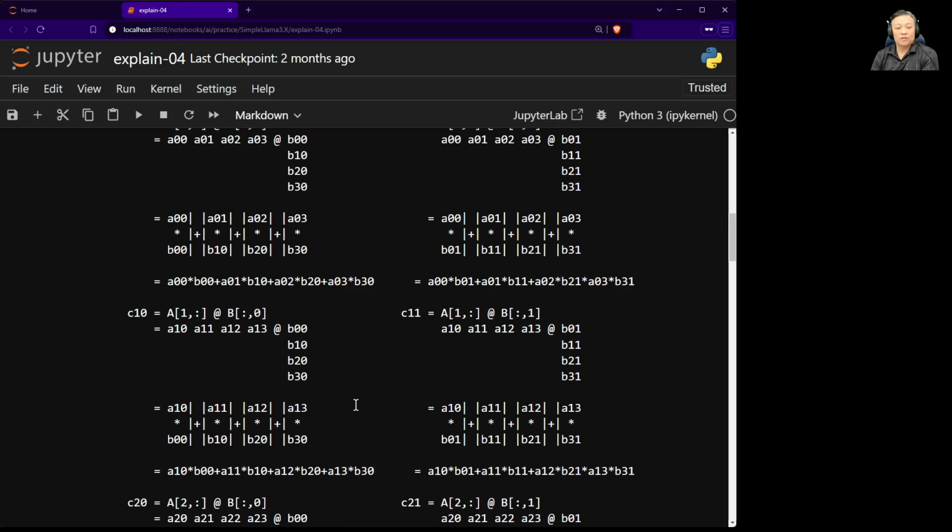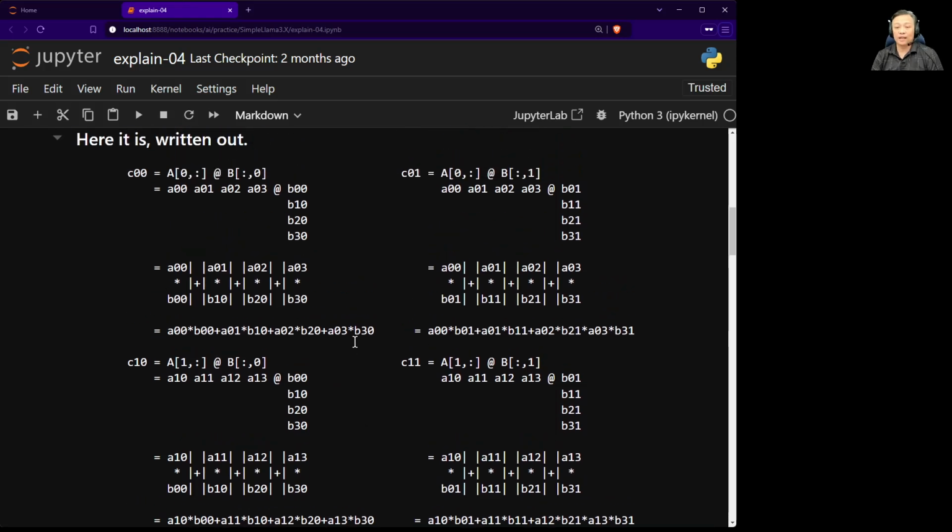So in other words, the partial derivative a00 must involve c dot grad, but only from those positions c00 and c01. So in order to calculate a dot grad at position 00, we look at the expression for cells c00 and c01.